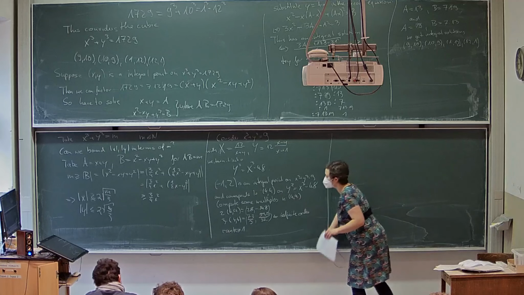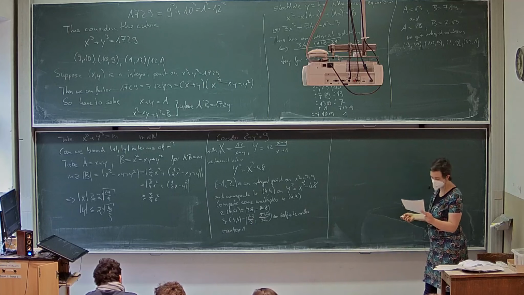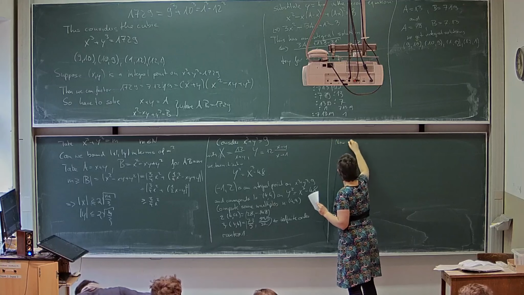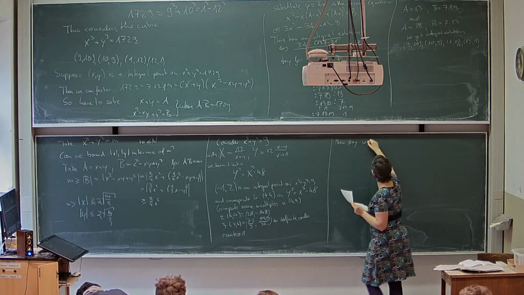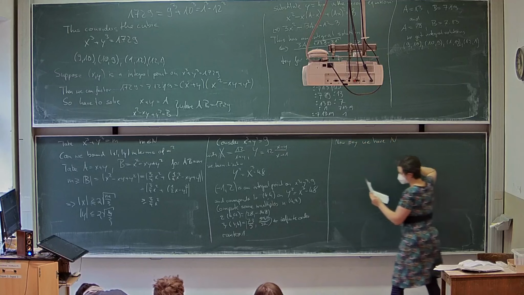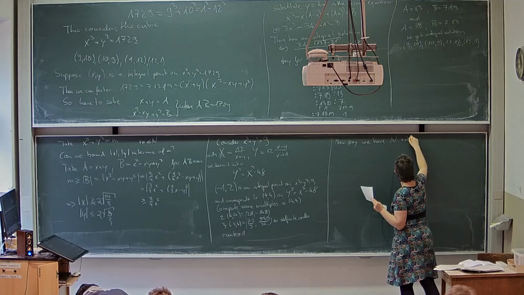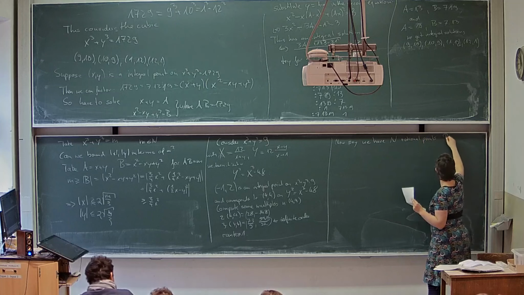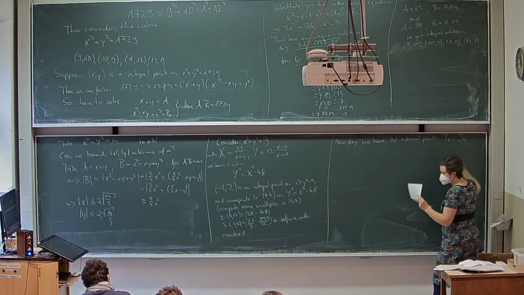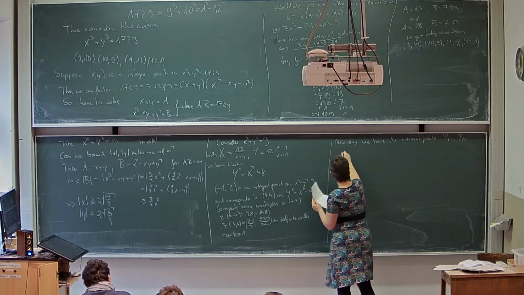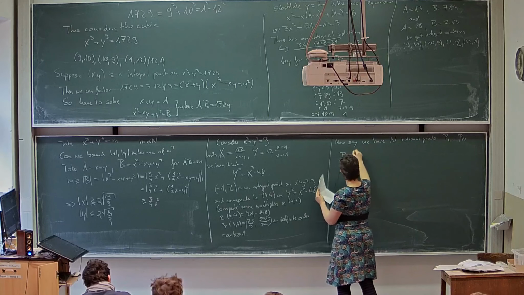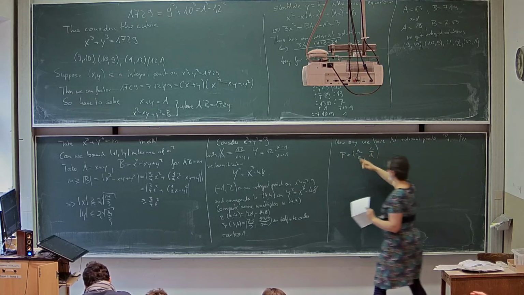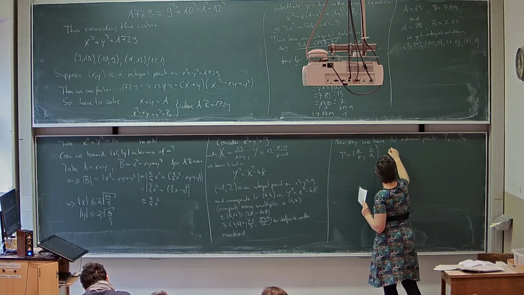So say we have n different points, capital N rational points, P1 to Pn. We just write it like this in lowest terms.